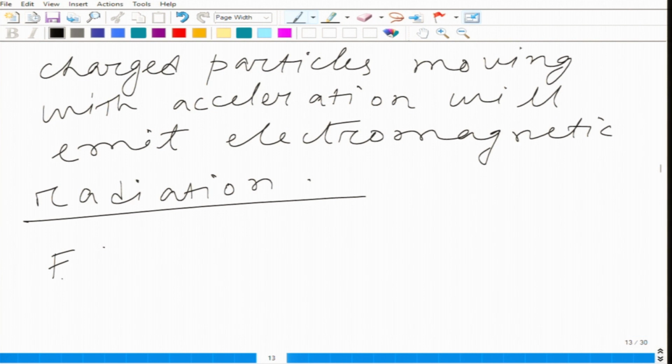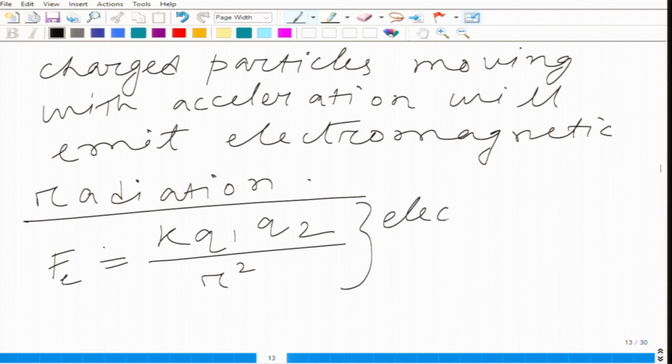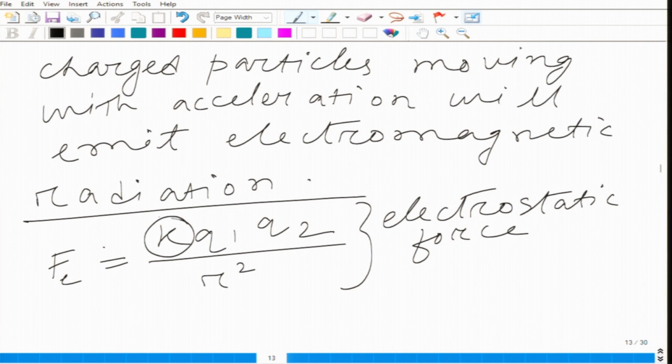For the electrons, the force acting on them is kQ1Q2 by R square. That is the electrostatic force. K is the constant, Q1 and Q2 are the charges, where Q1 is the charge of the electron, Q2 is the charge of the nucleus, and R is the distance between the electron and the nucleus.